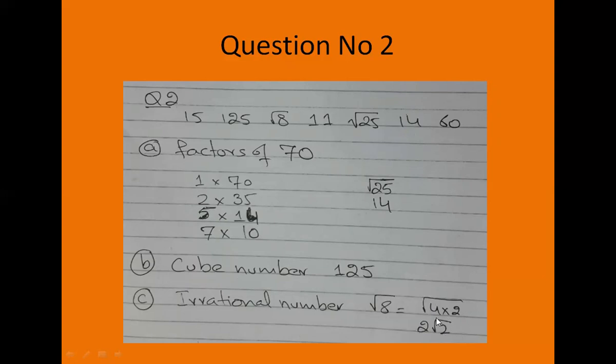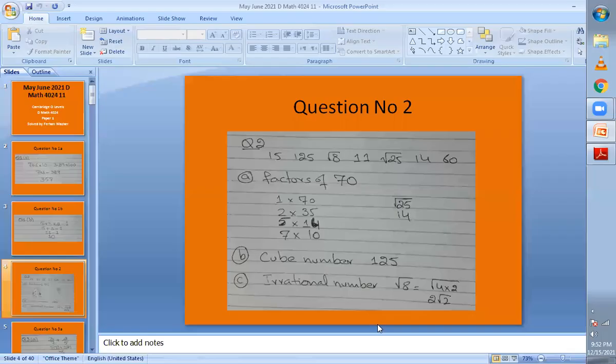So this is the square root of a prime number. So this is an irrational number. So the irrational number out of that list is under root 8. The most famous irrational numbers are pi and under root 2. These are very famous irrational numbers and frequently asked in the paper. Okay, so that was the question number 2.